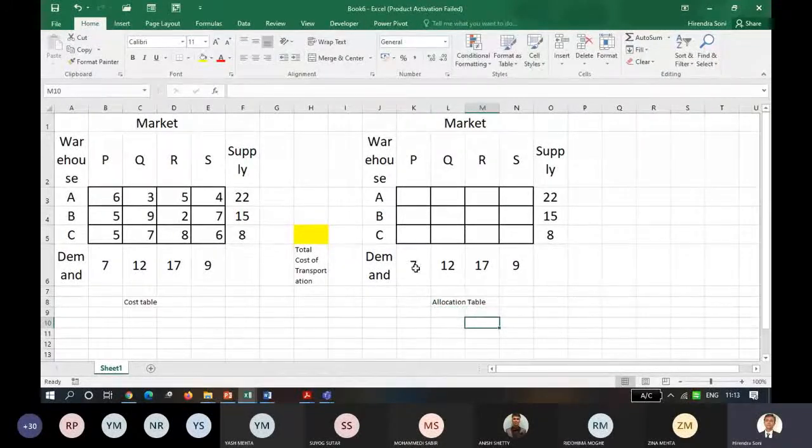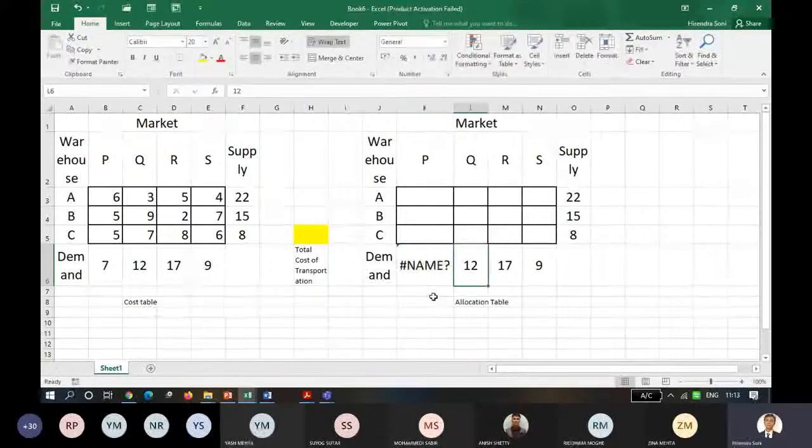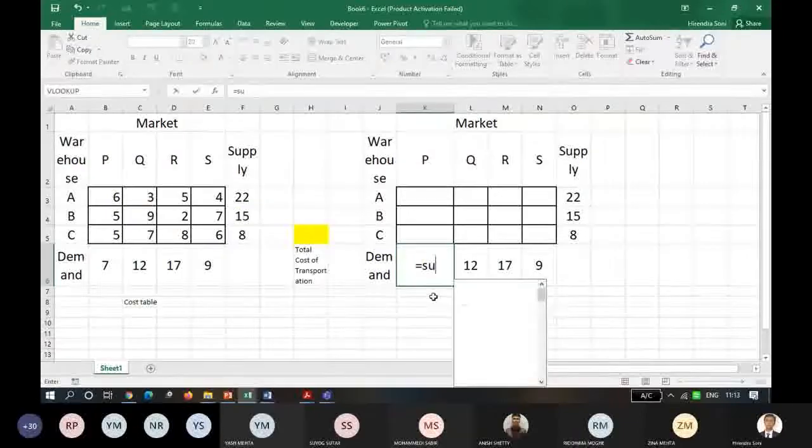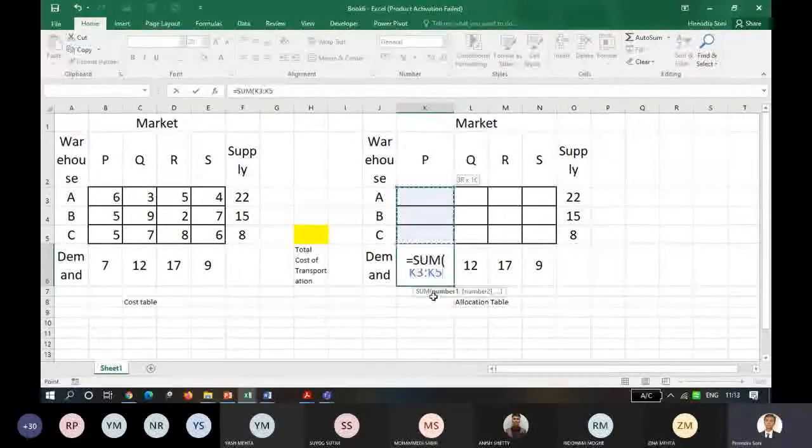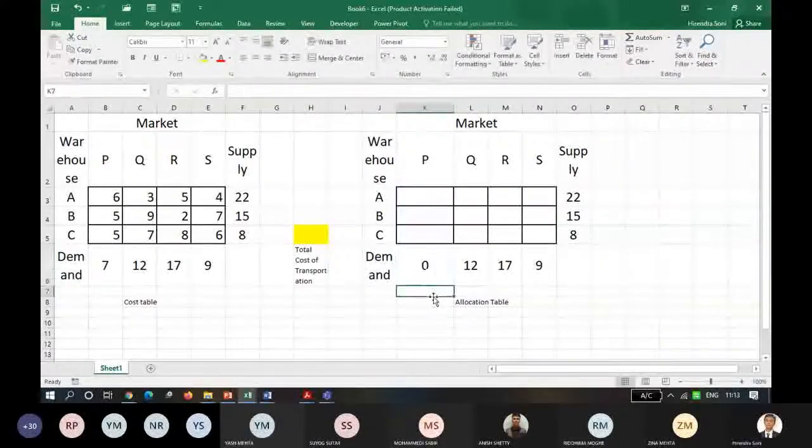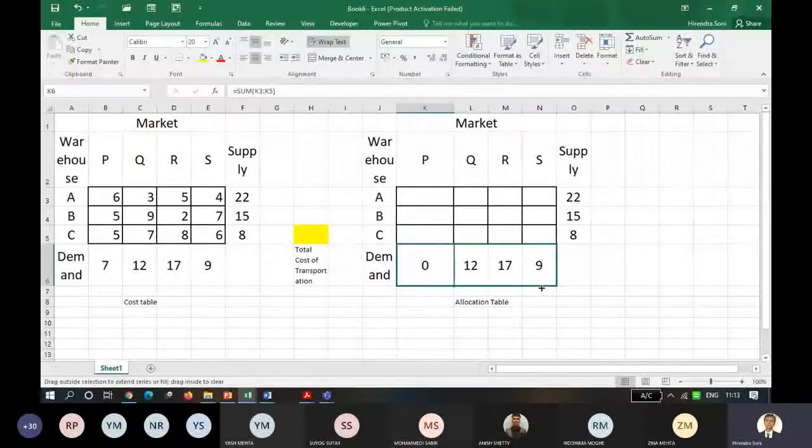अब allocation table में यहाँ पर मुझे summations डालना होगा equals to sum of the above column. Similarly for the other columns too.